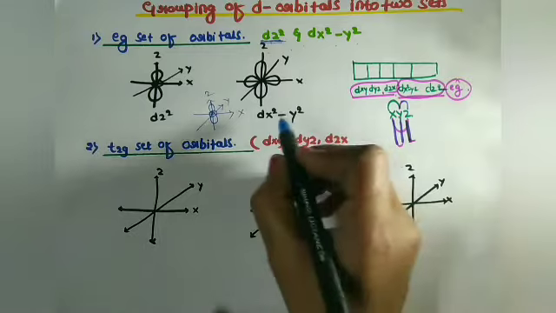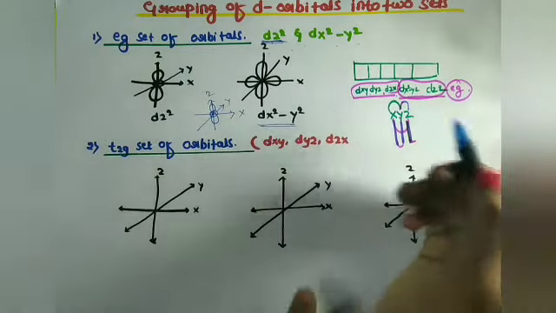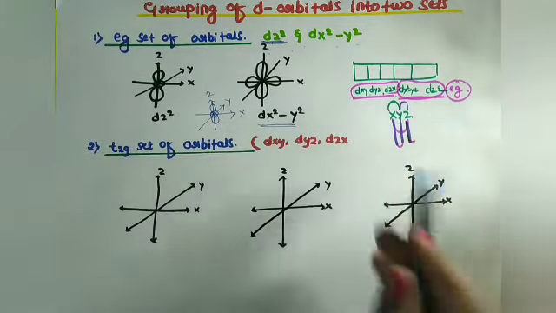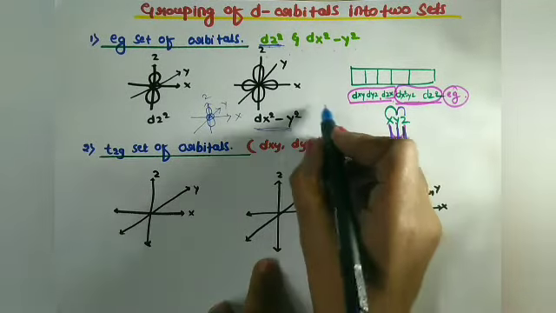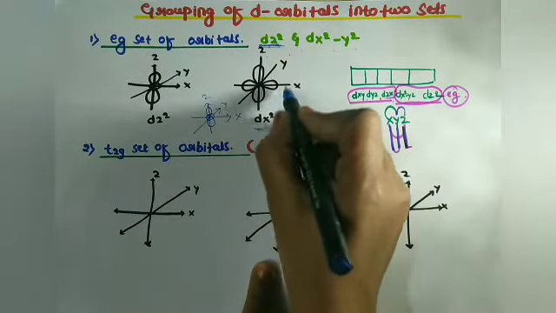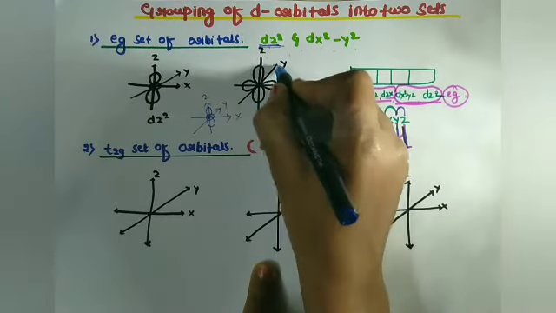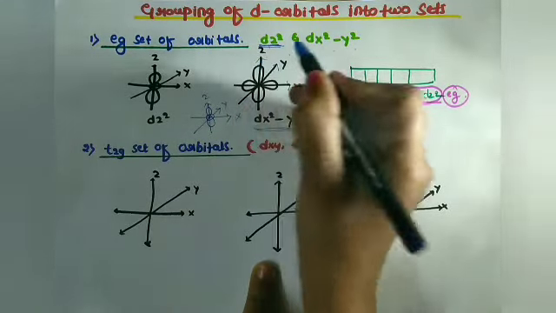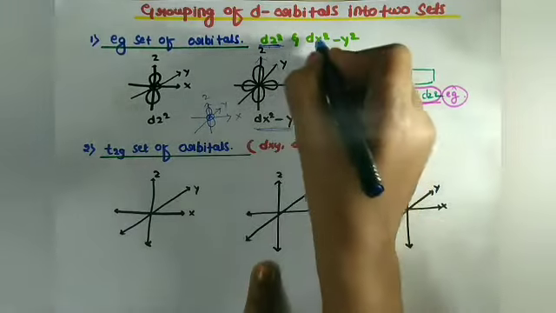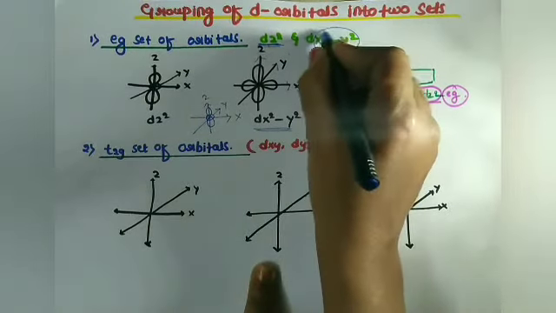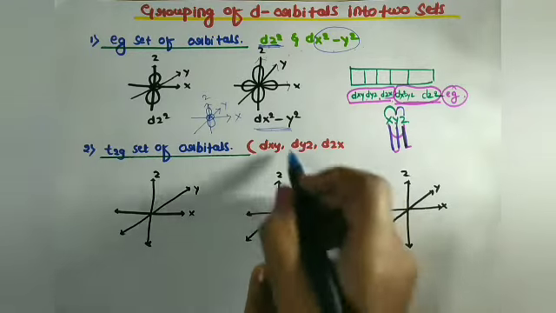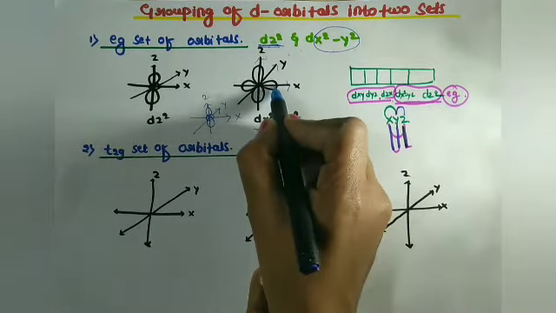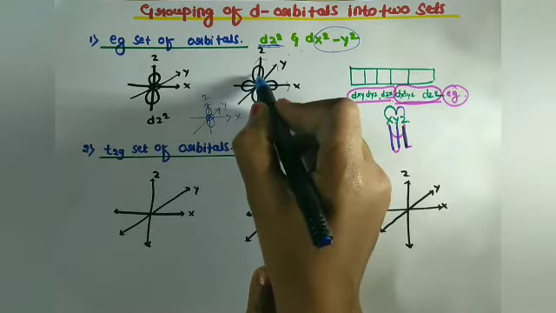Similarly, we can draw dx square minus y square. How to draw this one? Here also you draw the x axis, y axis and z axis. For dx square minus y square, you should draw the lobes along the x axis as well as the y axis.